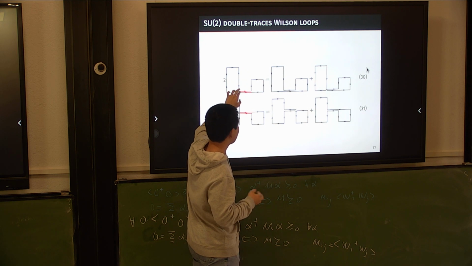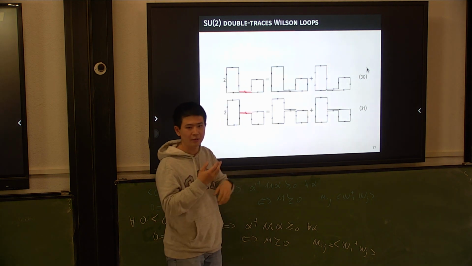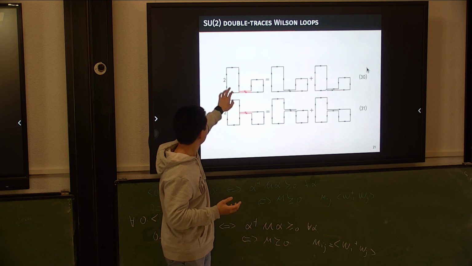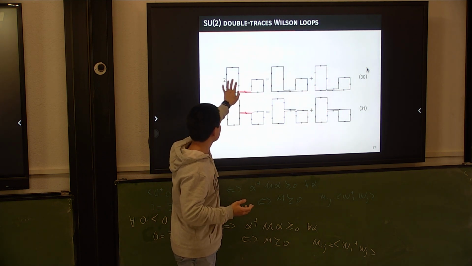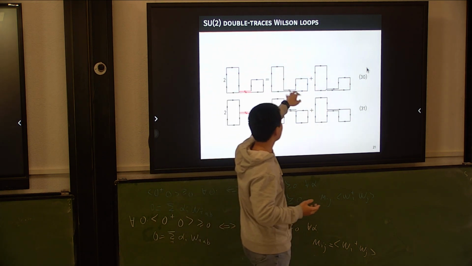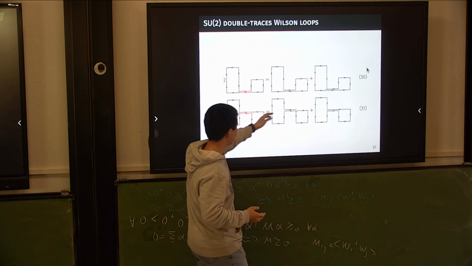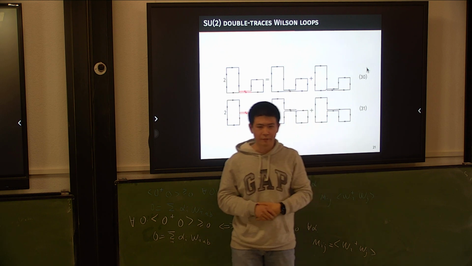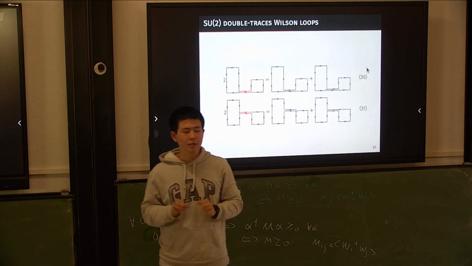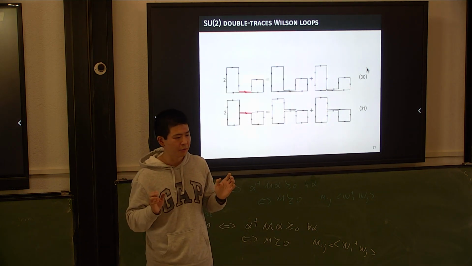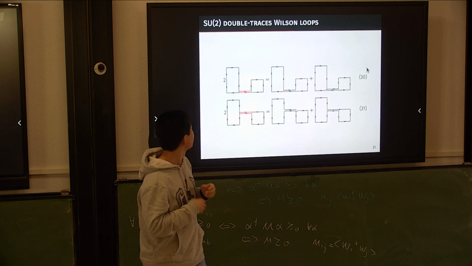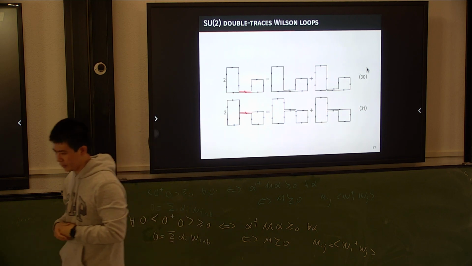But before using the trace relation, they are not joined yet. You see, this double trace, they are not nearest neighbors. You can factorize it this way, by adding this backtrack, and also by adding this backtrack, you get some Wilson loops. What does this mean? This means that for single trace Wilson loops, there is some redundancy in the SU(2) lattice gauge theory.